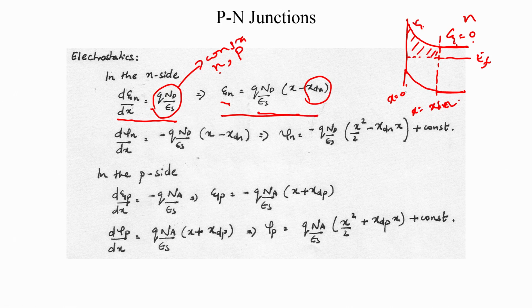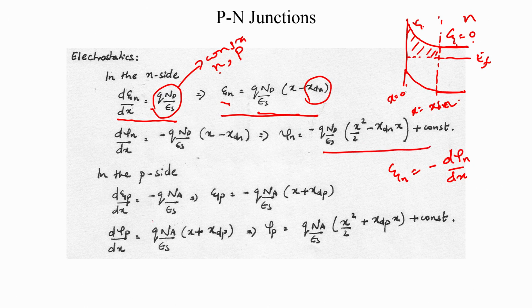And if you look at the potential, since the electric field is the negative of the derivative of the potential, you can now find the potential function as well, which is going to give you a quadratic relation of this kind.